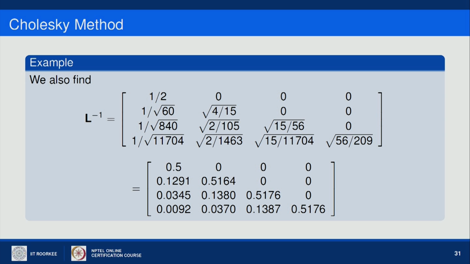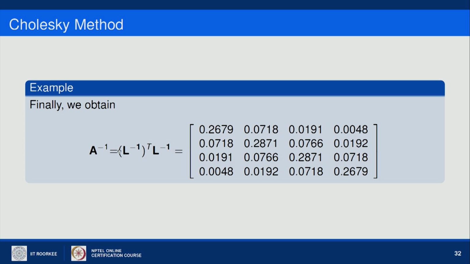If I want to find L inverse, the same process, L inverse comes out in this way, which is equal to this particular matrix, and A inverse will become L inverse transpose into L inverse.